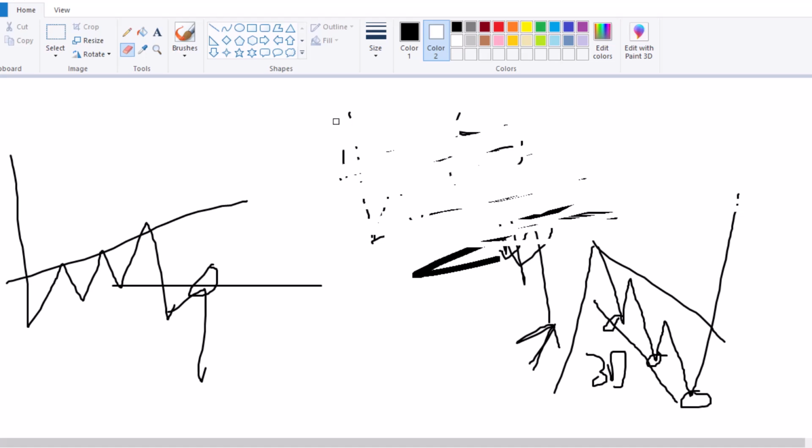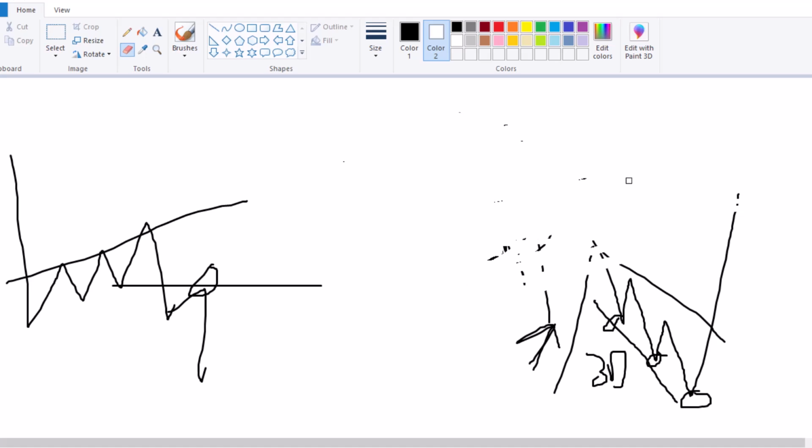Then after that aggressive move, we are waiting for a retracement, but that retracement should show us three distinct highs or three distinct lows that we can follow and draw a trend line on. After drawing that trend line, we will then focus on the break that is going to follow, either the break to the low or the break to the high, depending on the direction that you are going.